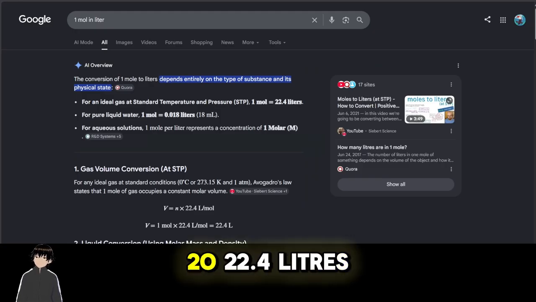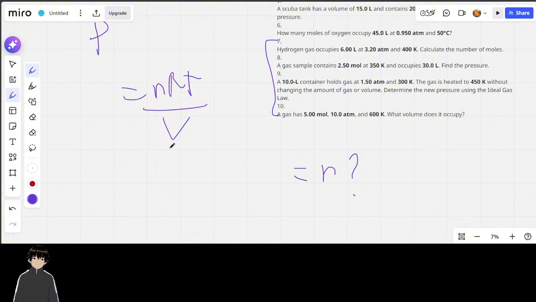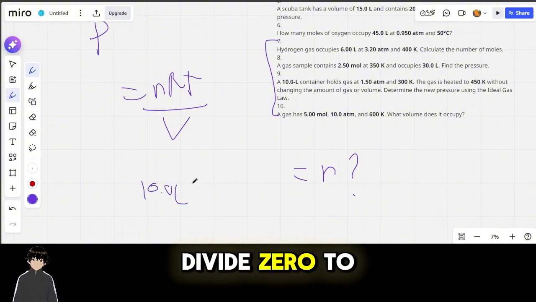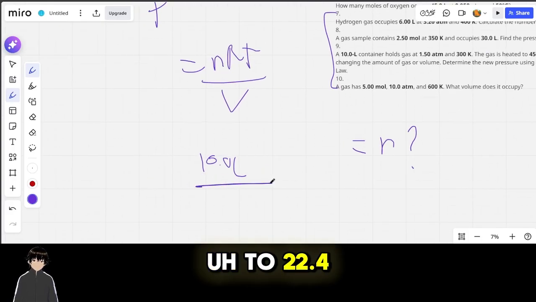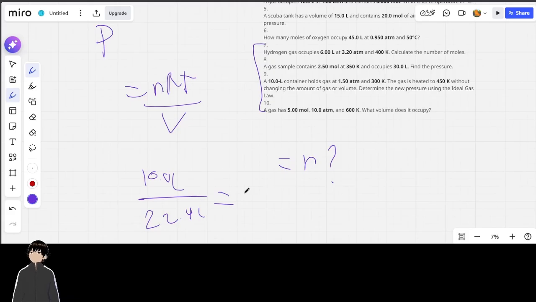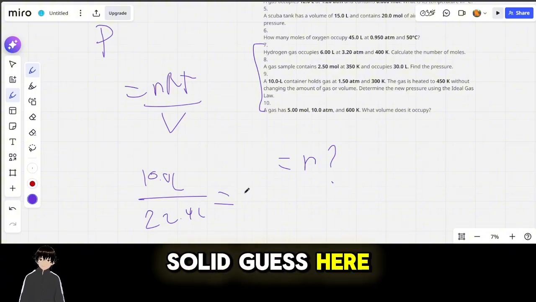One mole is 22.4 liters. So how many moles is that going to be? We just have to divide 10 by 22.4. Just making a solid guess here.